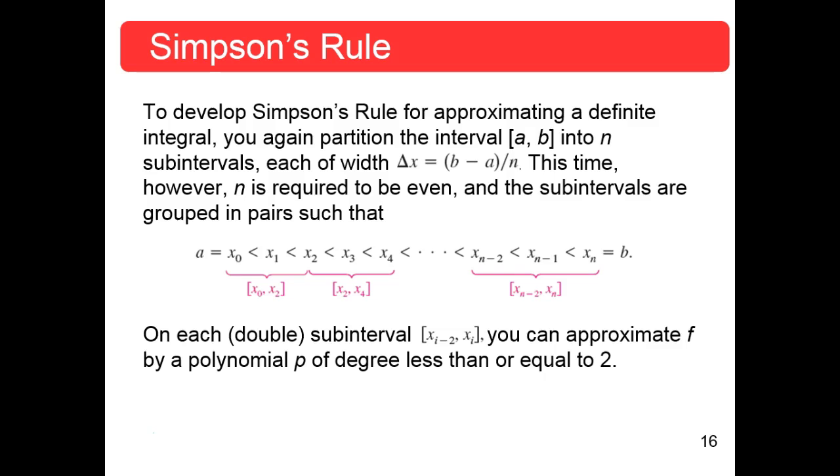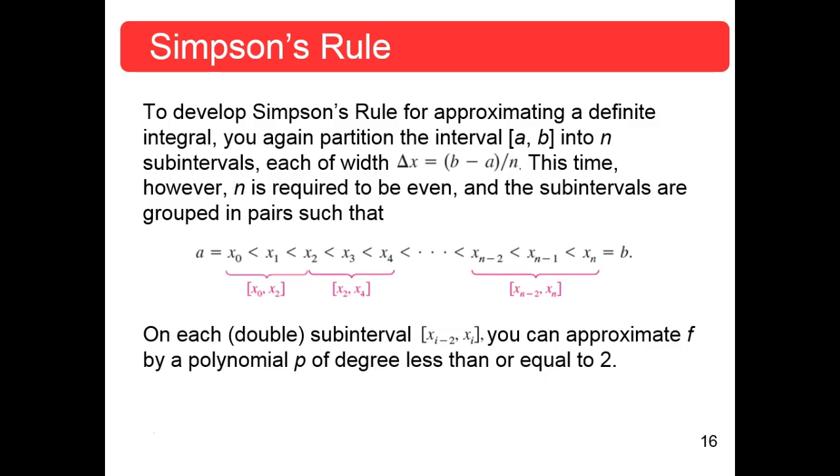So what we're going to do, we're going to do an approximation between x of 0 to x of 2, between x of 2 and x of 4, x of 4 to x of 6, x of n minus 2 to x of n, and the x of n, of course, is going to be b and the x of 0 is a. Now, each double subinterval, x of i minus 2 to x of i, so x of 0 to x of 2, x of 2 to x of 4, they differ by 2 there.